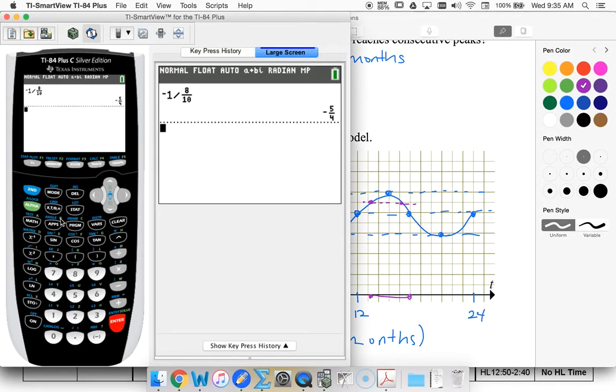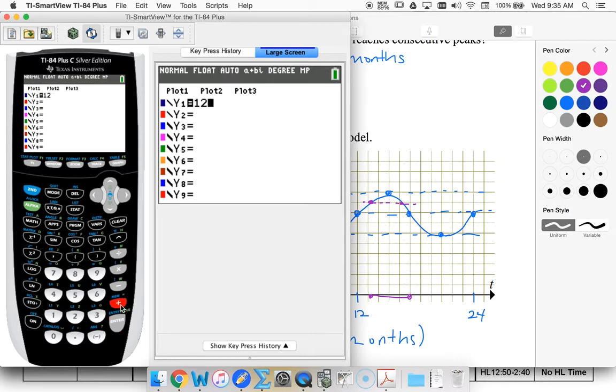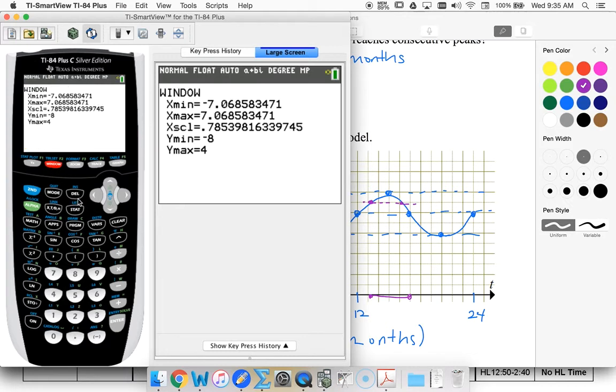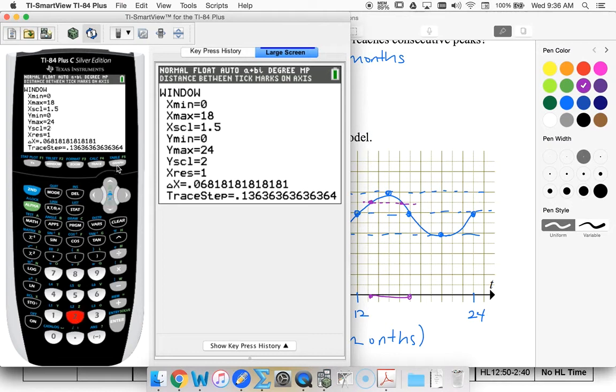In my calculator, I'm going to make sure I'm in degree mode. And I'm going to graph both of these lines. So 12 plus 3 sine 30x, and the line 13.5. I'm going to make my window match. So let's go from 0 to 18 and count by 1.5s. And then on my y-axis, I'm going from 0 to 24, and I could count by 2s.